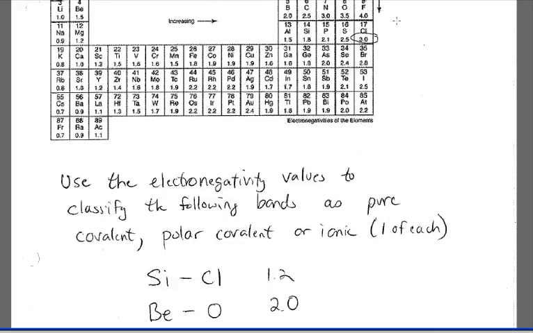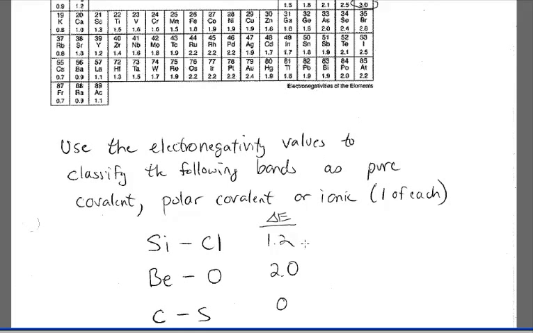And I've already actually done the numbers, but we can look at them. Silicon is 1.8 and chlorine is 3, so the difference is 1.2. Beryllium is 1.5, oxygen is 3.5, so the difference is 2.